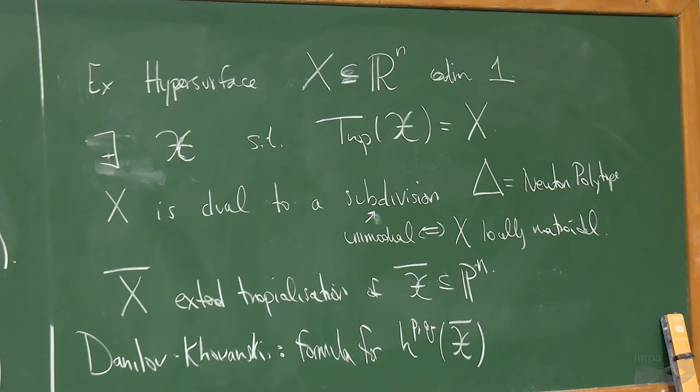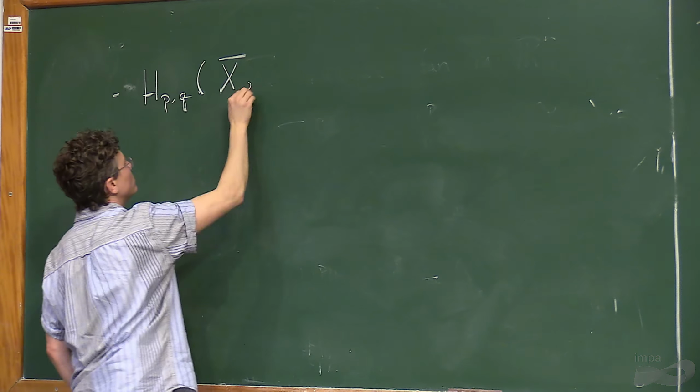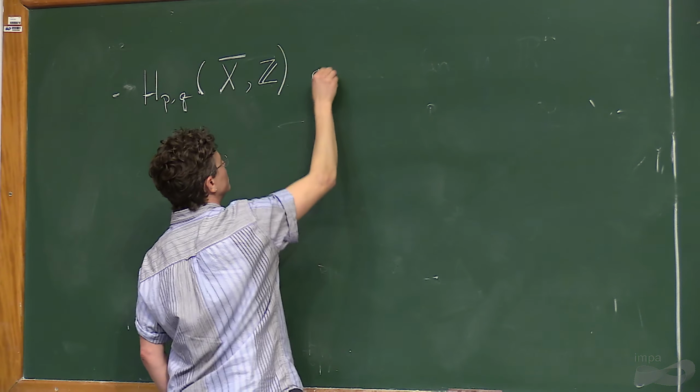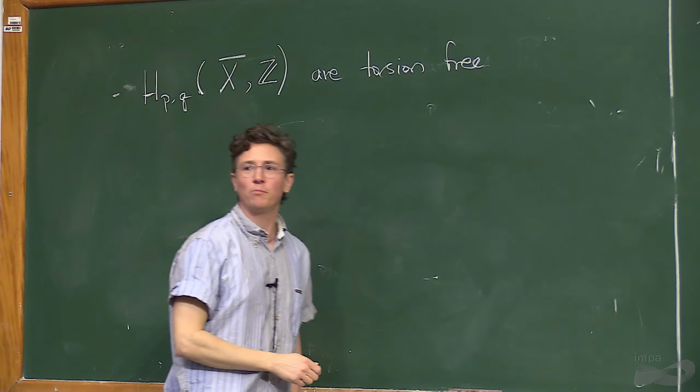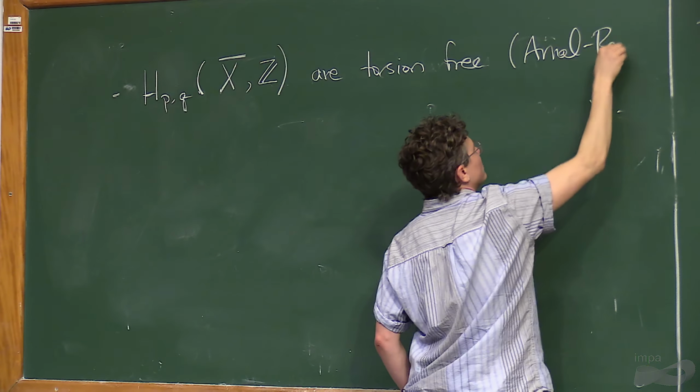And it turns out that the H^{p,q} of this X bar, let me put a Z here, just to remind us that we're using the Z coefficients, these are torsion-free. So this was not easy to prove. It was actually a total pain to prove, but we did it for reasons of an application.